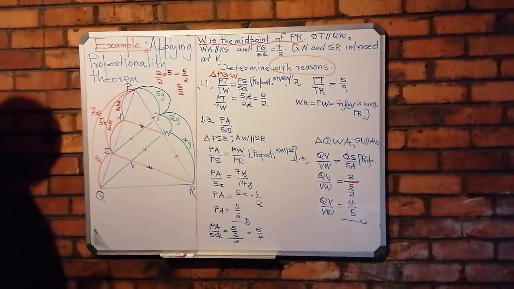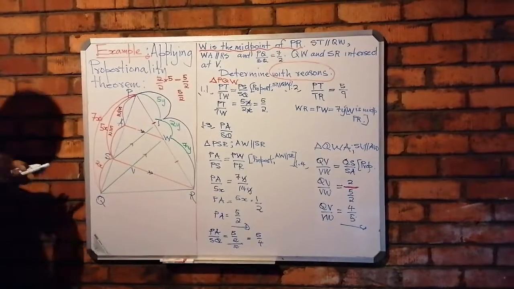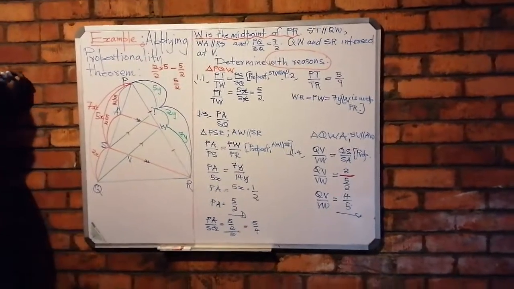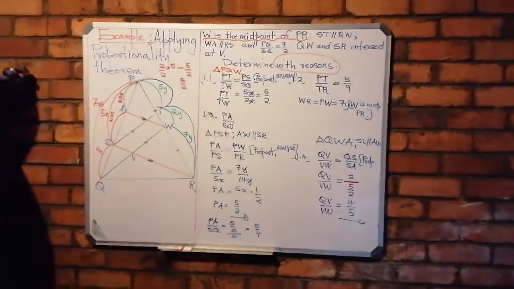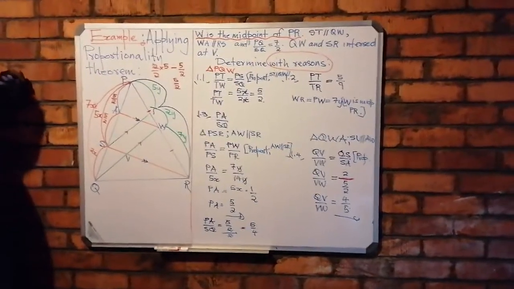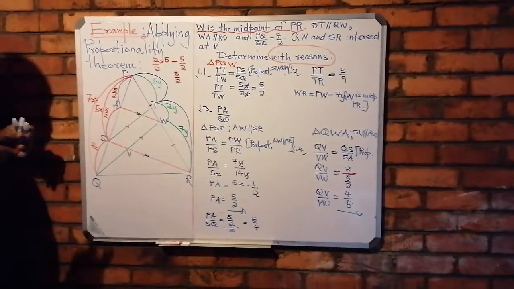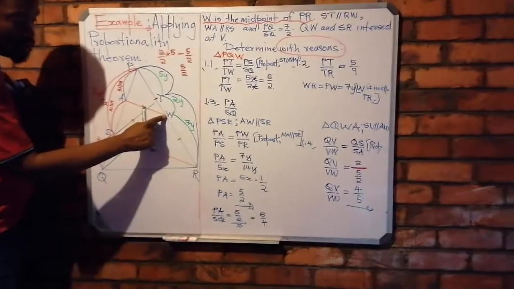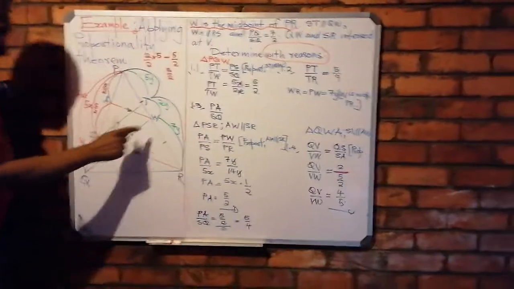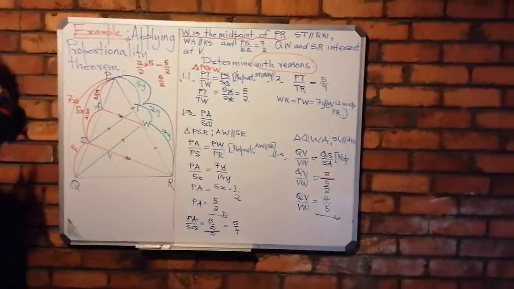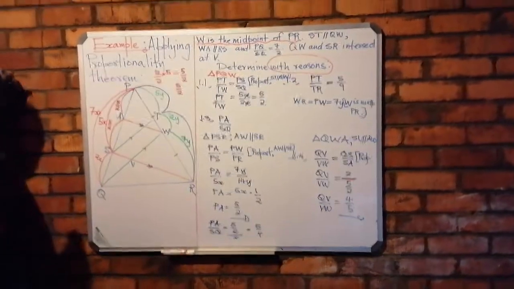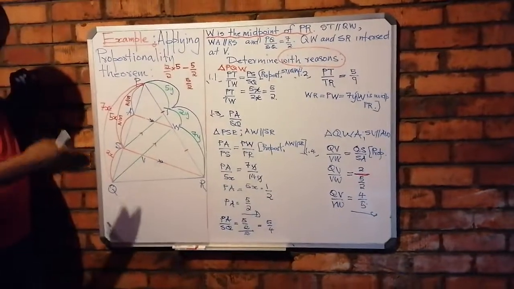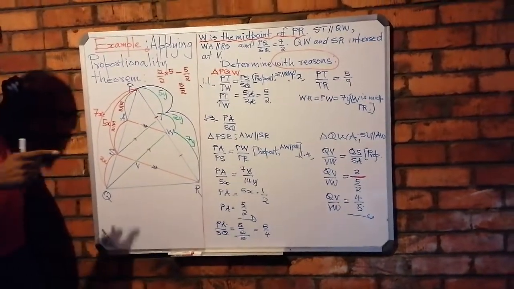Now, let me remind you of something. In the previous grade, you did the midpoint theorem. What does the midpoint theorem state? It states that a line drawn from the midpoint of one side of the triangle to the midpoint of another side of the triangle is parallel to the third side. I repeat that again.